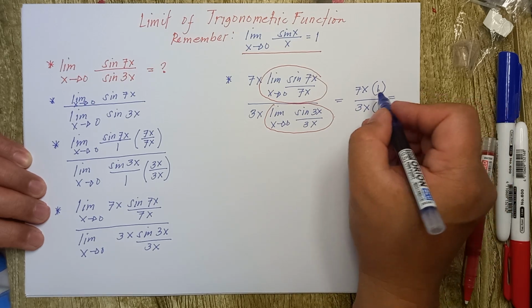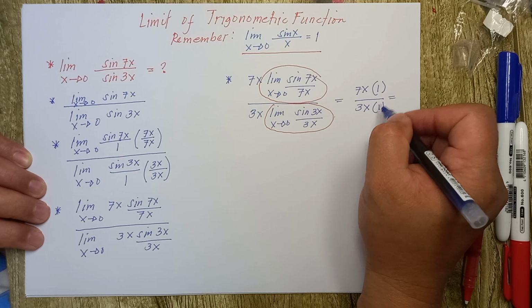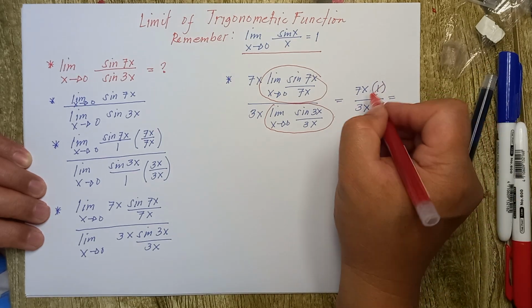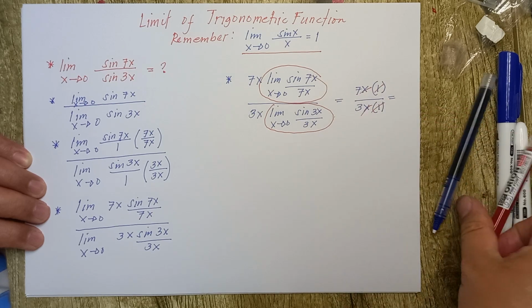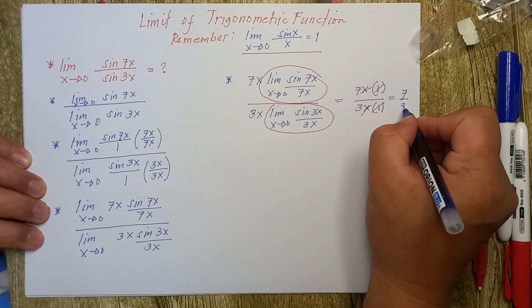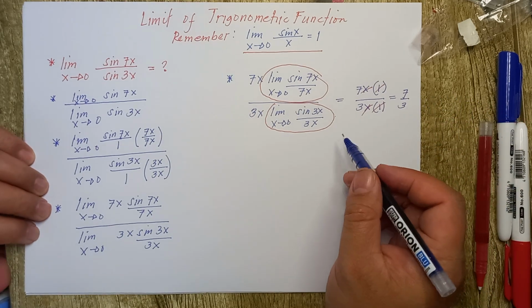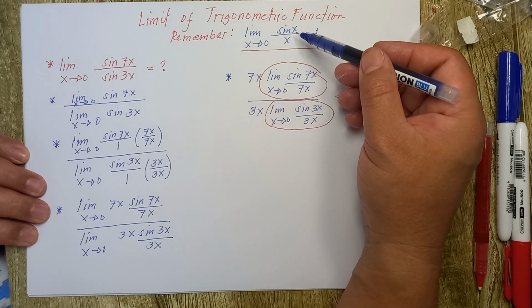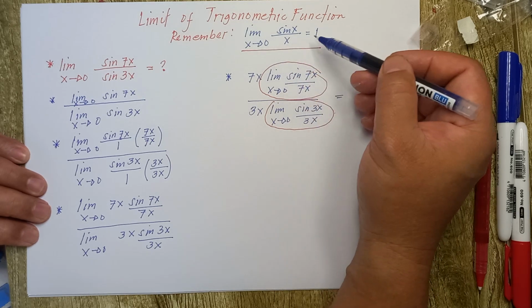So this can be cancelled out, so the result now is 7/3. And so notice that is how to apply this theorem: the limit of sine x over x as x is approaching 0 is 1.